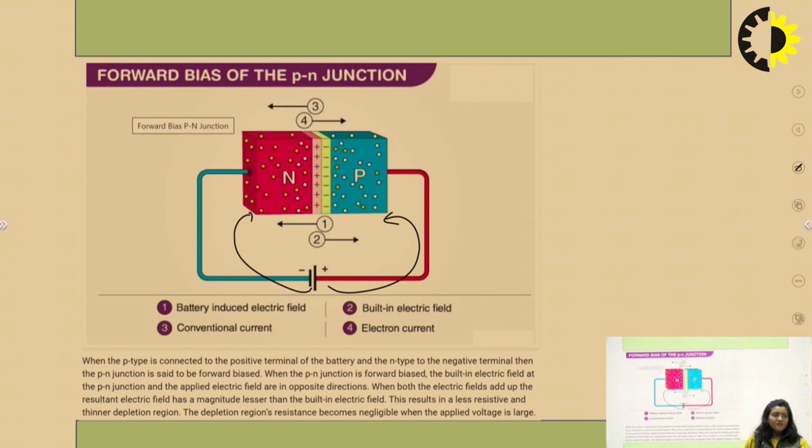Now in the forward bias of a PN junction, what will occur? Now they have the external force available.